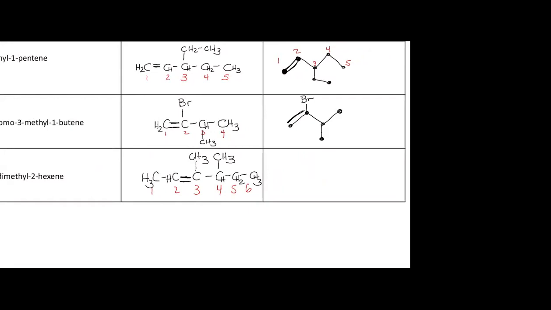The first thing that we draw is our parent chain, which is 1, 2, 3, 4, 5, 6 carbons in length. Carbons 2 and 3 are the ones that are going to have the carbon-carbon double bond, and you can even number this so you don't get confused.